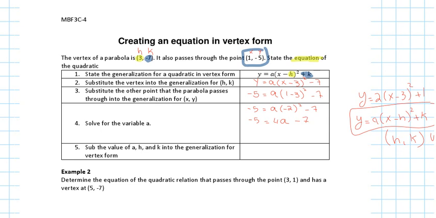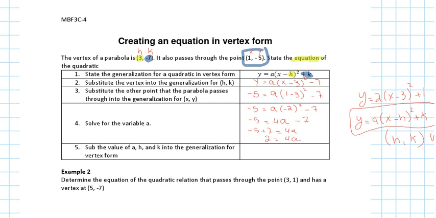Bring over what first? The negative 7. The last thing you get rid of is whatever is with the letter. So first you're going to bring the negative 7 over, so that's going to become plus 7. So it's going to be 2 equals 4a. Then what do we do?